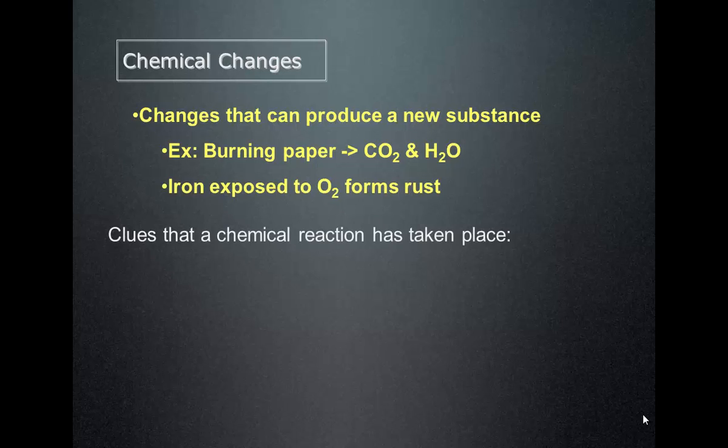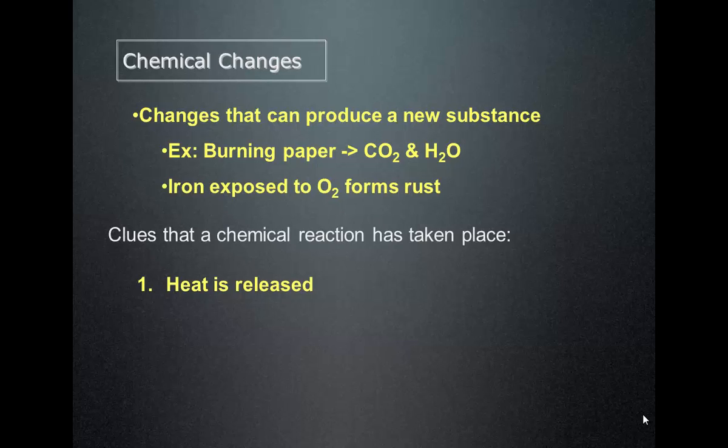And we often can recognize a chemical change by looking for certain things. Some of those things: if heat is being released, I add two liquids together and all of a sudden it starts to get hotter. It's an exothermic reaction.